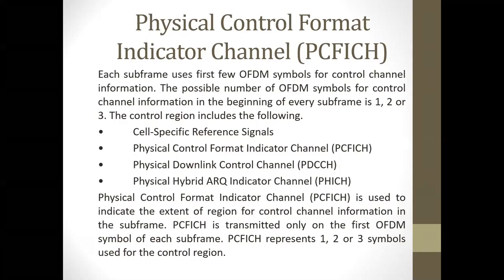So around the center, in the frequency, PCFICH sends some symbols at some fixed locations. Those locations the UE first reads, and then it can find out how wide the control region is.